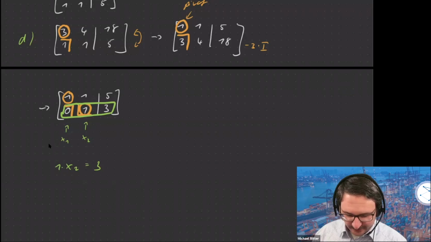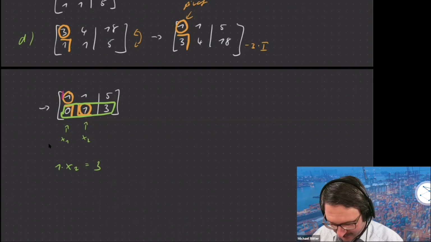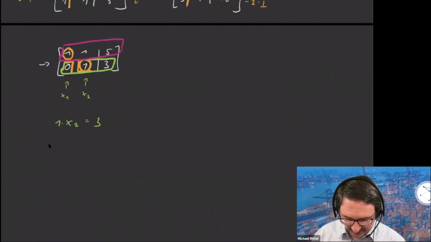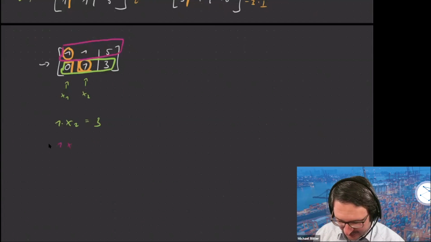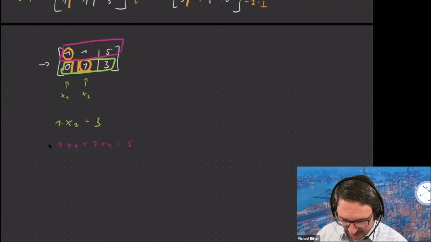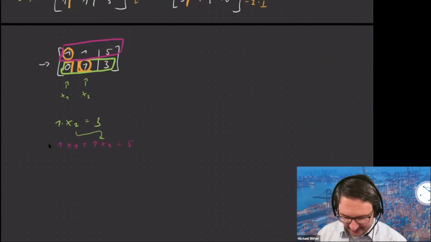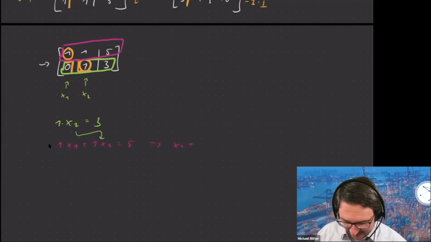And then let's go to the first equation. This one here. And that reads 1 times x1 plus 1 times x2 equals 5. We know x2 already, so we can substitute that here. And what we get is x1 plus 3 equals 5. And of course, that can be solved for x1.